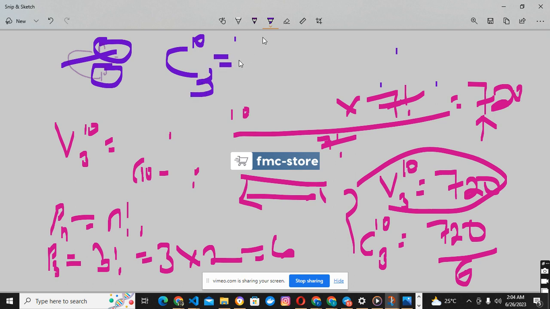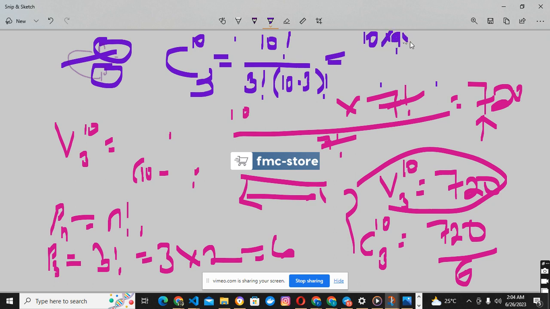So we are now going to say 10 factorial divided by 3 factorial from the definition, all over 10 minus 3 factorial. What is 10 factorial? 10 times 9 times 8 times 7 factorial.